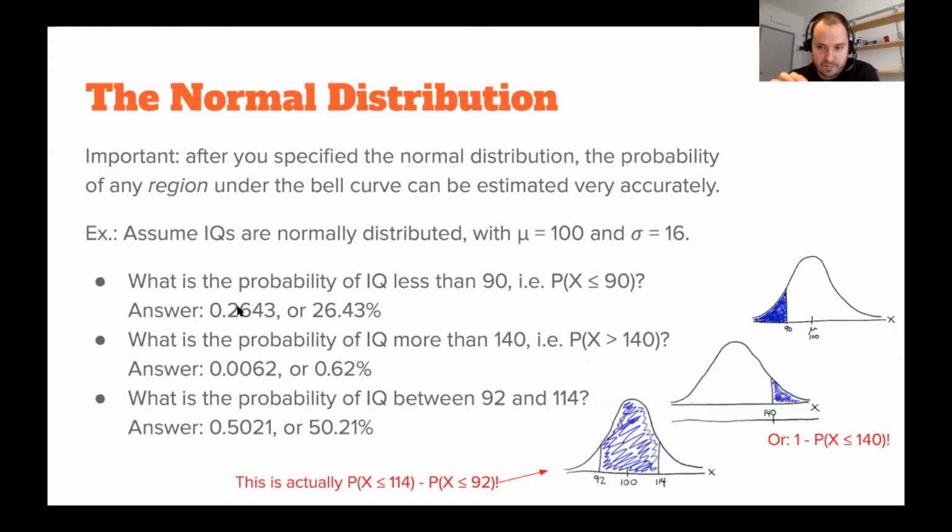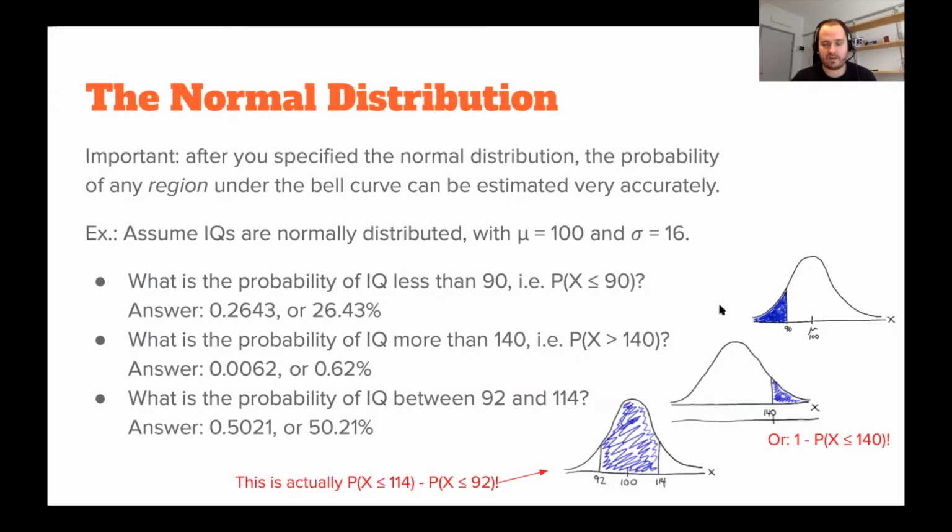What is important from this slide for you to know is that as soon as I have a normal distribution with a certain middle and a certain standard deviation, the probability of any region is easy to compute. And why do I say a region? Because I asked, what's the probability of an IQ less than 90? I didn't say equal to 90. I said less than 90.